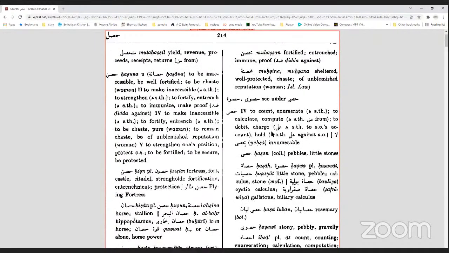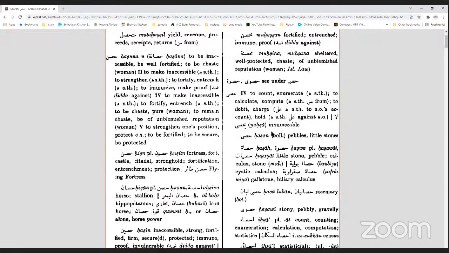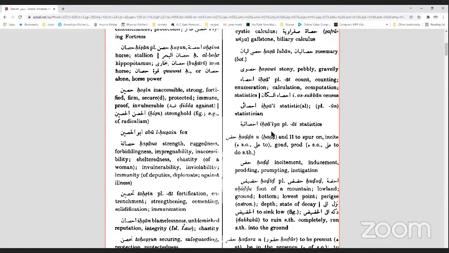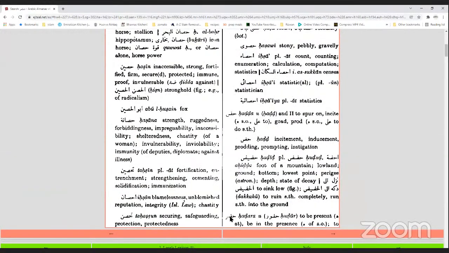Now it has taken us to the page where there is Hadara. Here it is, Hadara. They are writing in transliteration also, Hadara. Now, a very important point, brothers and sisters.